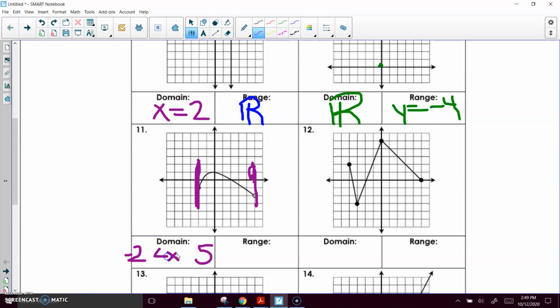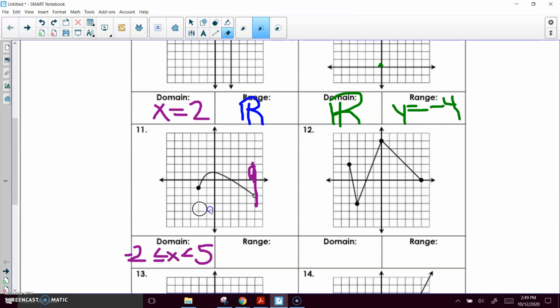My symbols will always go this way as long as you put the smaller number on the left. We had a closed circle over here on the left, so that means you can be equal to -2. An open circle on the right means you cannot be equal to 5. So I do not want to put my equals bar down there.